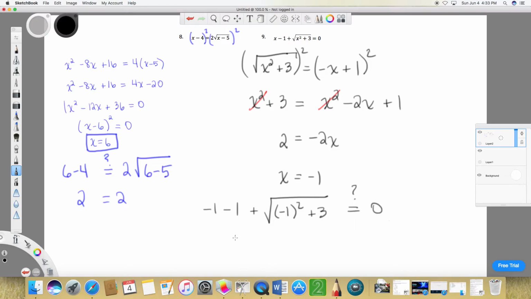So negative 1 minus 1 is a negative 2. And negative 1 squared is 1, and 1 plus 3 is 4, and the principal square root of 4 is 2. And yes, negative 2 plus positive 2 does equal 0, and x equals negative 1 is our solution. It is in the solution set. It's our only solution to problem number 9.